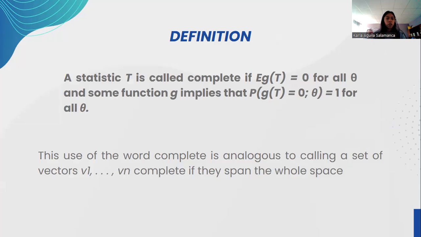This use of the word complete is analogous to calling a set of vectors v1, v2, to vn complete if they span the whole space. That is, any v can be written as a linear combination of these vectors, the sum of all aj multiplied by vj.